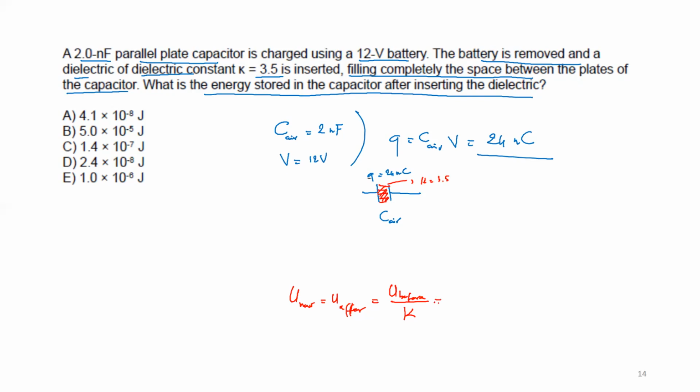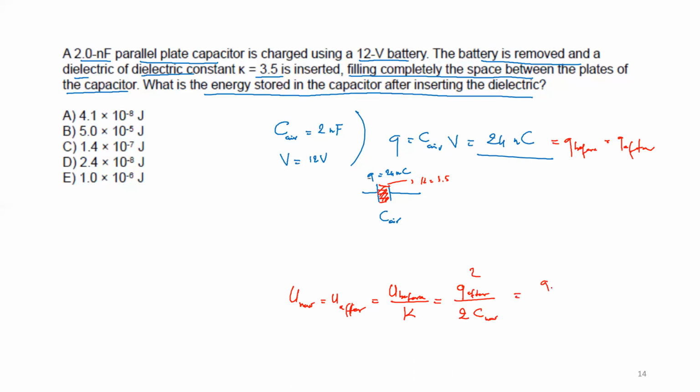Okay. We can demonstrate it by saying that U after will be Q after squared divided by 2C new. But Q after was equal to Q before, because I removed the battery. Okay, this is what we discussed already. So this is Q before, and it's equal to Q after, because no EMF, no battery, no extra charge.